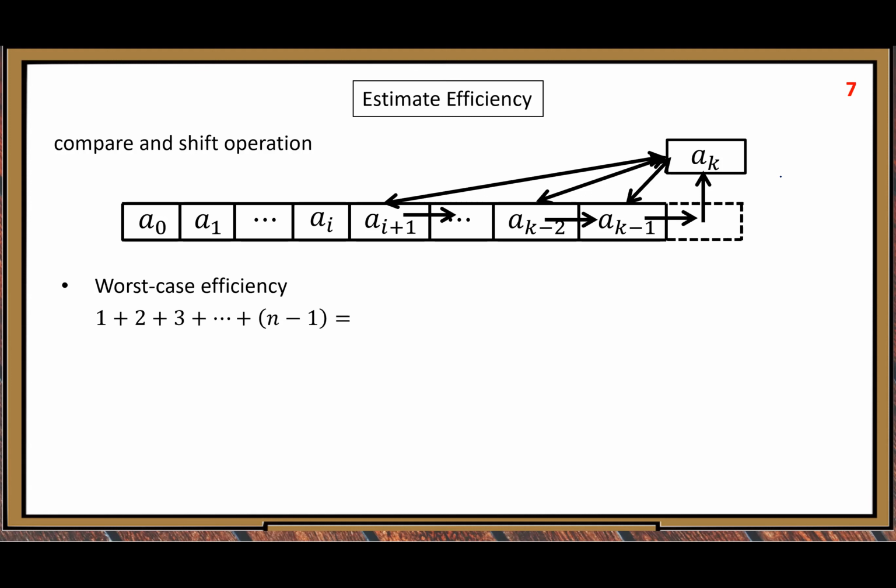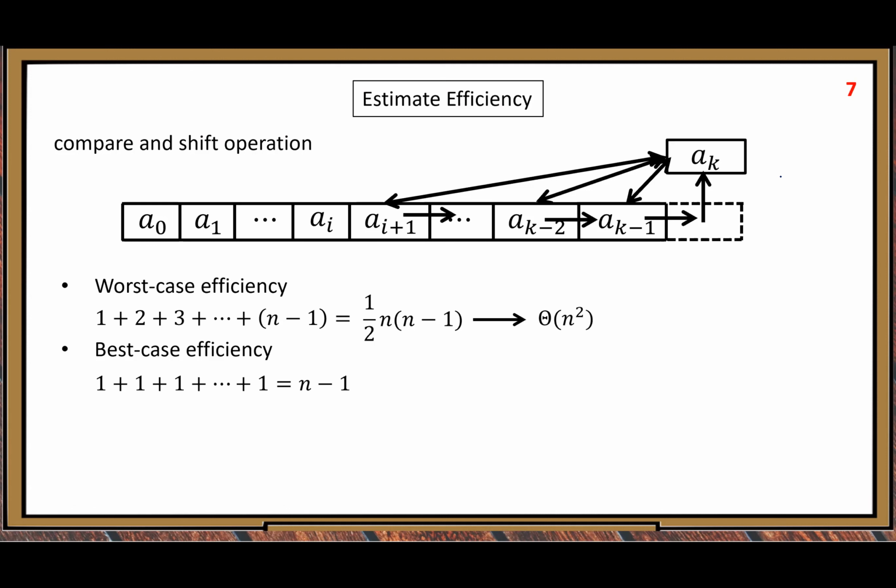Worst case, all the way from beginning to end, this many. Big theta of n squared. Best case, each new element insertion, you just have one operation. For all of them, you just have n minus 1.